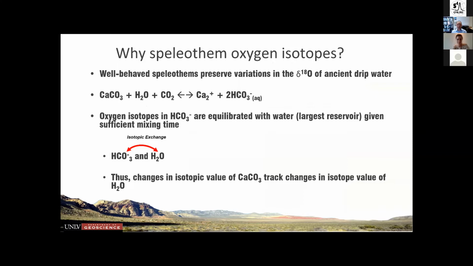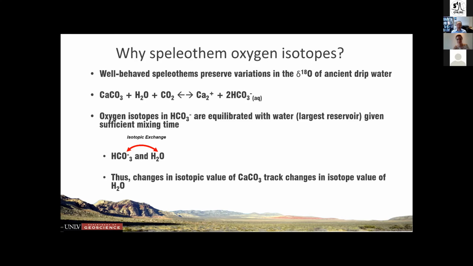And so we can ask this somewhat simple question: why would we study speleothem oxygen isotopes? The reason is relatively simple in principle, and that is well-behaved speleothems can preserve those variations in the oxygen isotopes of ancient drip water.